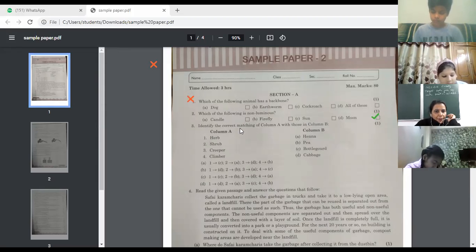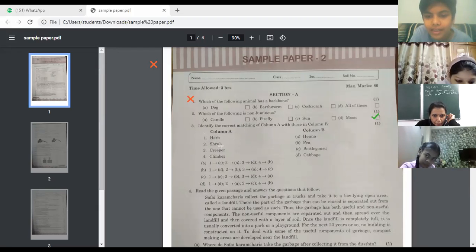Question number 3, identify the correct matching of column A and column B. First of all, we have to match, then we need to select the A, B, C, D options. So let's do it. First is herb. Which one among these is a herb? Ma'am, cabbage.